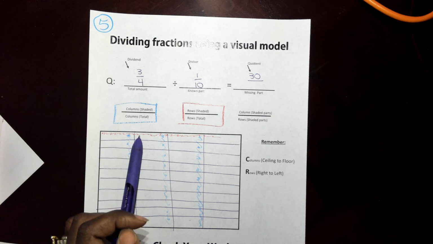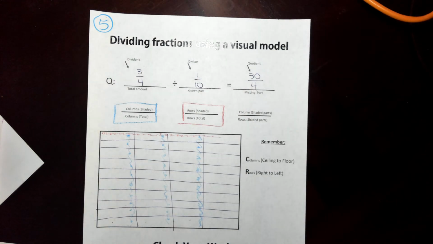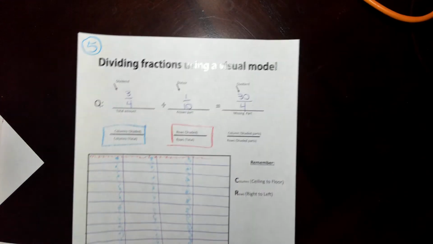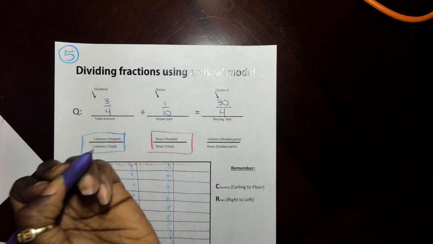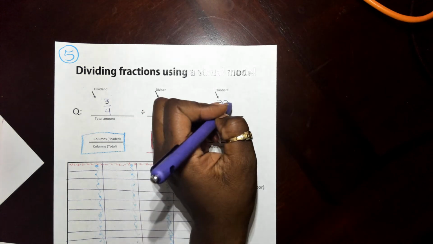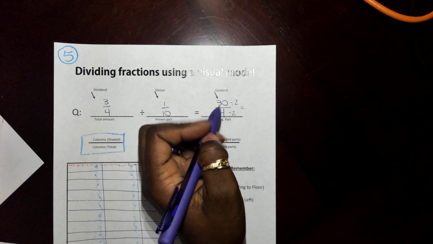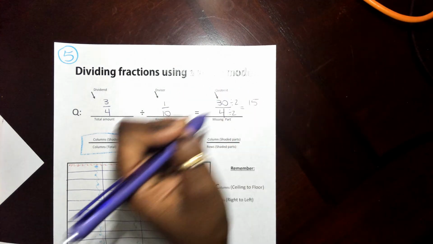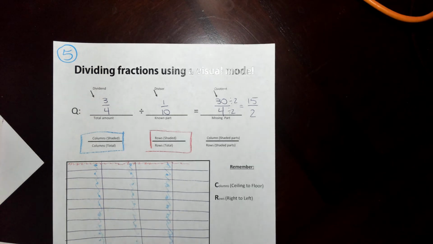So we have 1, 2, 3, and 4. So we have 4. All right, so our answer is 30 over 4, but we know that we can reduce that by finding that both of them are divisible by 2. 30 divided by 2 is 15. 4 divided by 2 is 2.